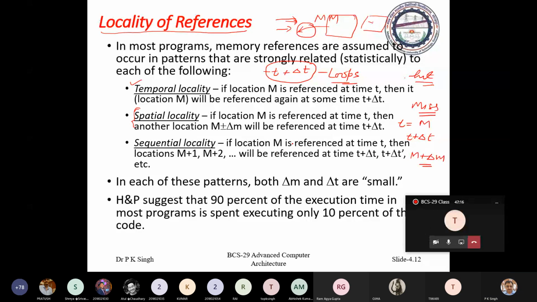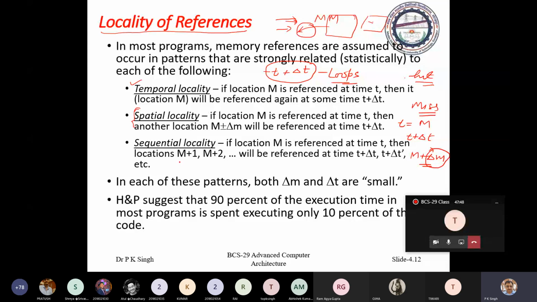So if we keep this delta m, we transfer this delta m to the cache memory, so that all the references in delta m generated by the processor must be available in faster memory, and that will improve the efficiency of the program execution.